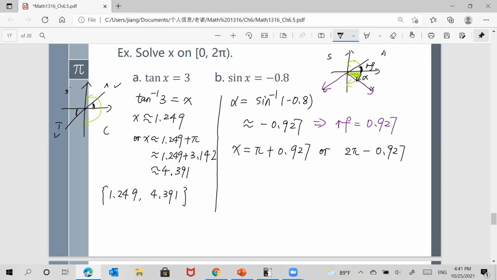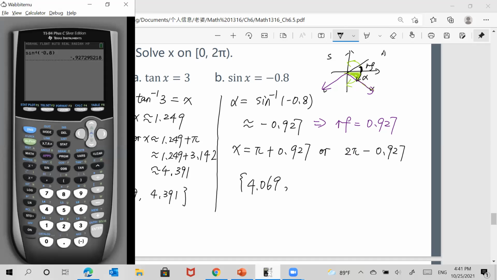So x equals 3.142 plus 0.927, which is 4.069. And the other one, let's use the calculator: 3.142 times 2 minus 0.927.